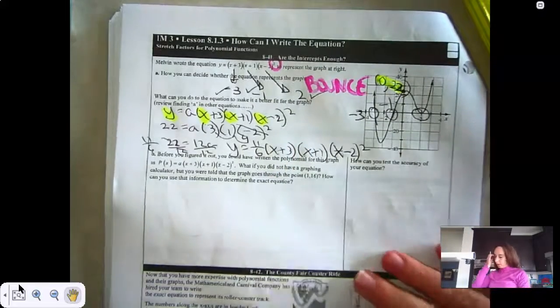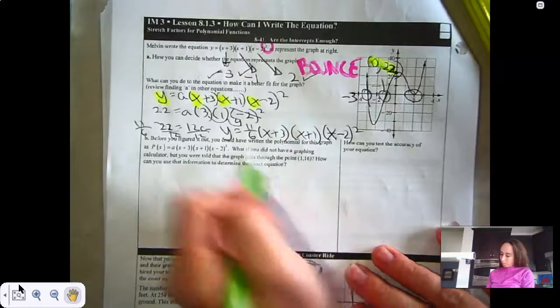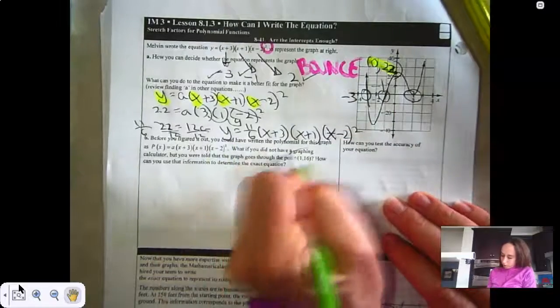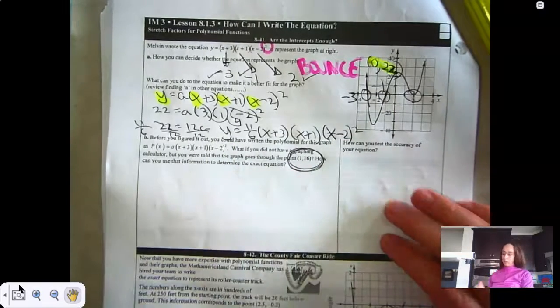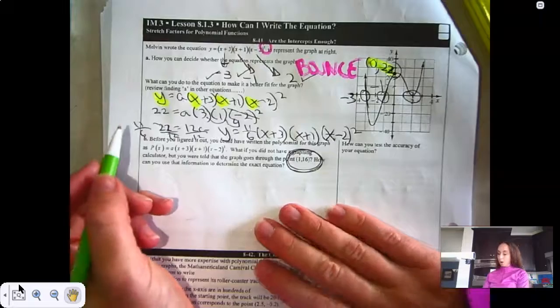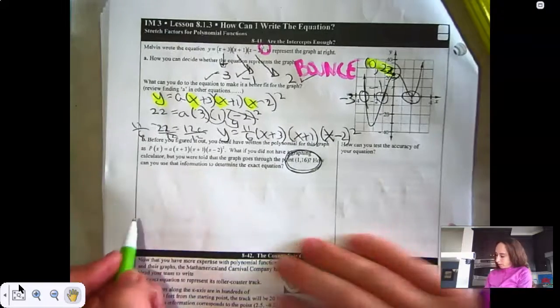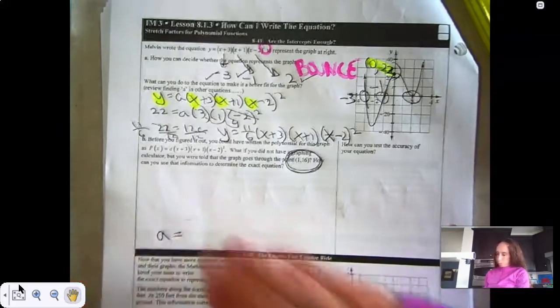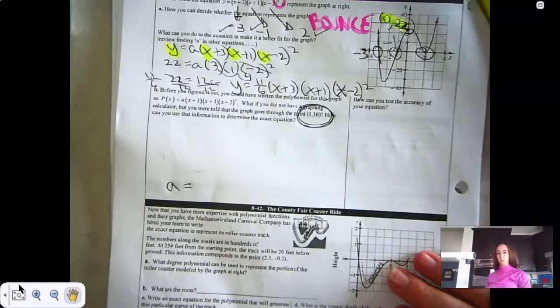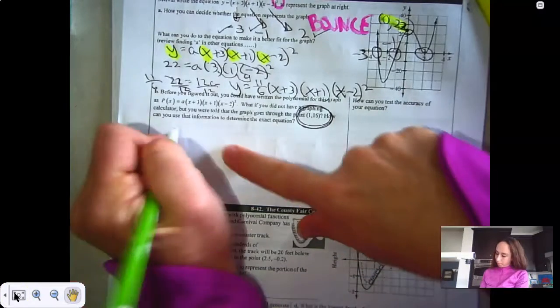Okay? So they're actually asking you to not plug in 0, 22. They're asking you to plug in 1, 16. So what I want you to do, which you will do in the Edpuzzle, is you're going to give me the value of A in the Edpuzzle. Okay? So let's see if you were right.